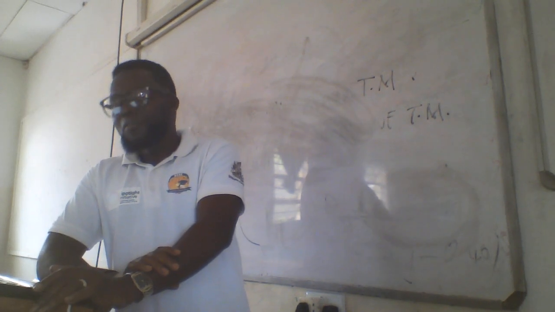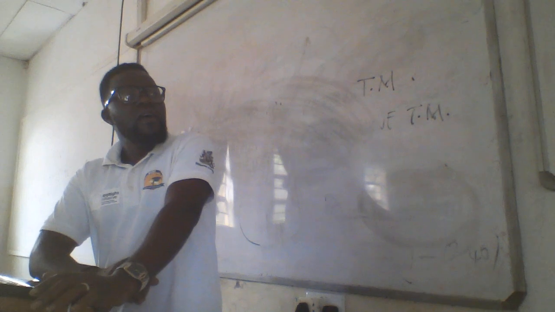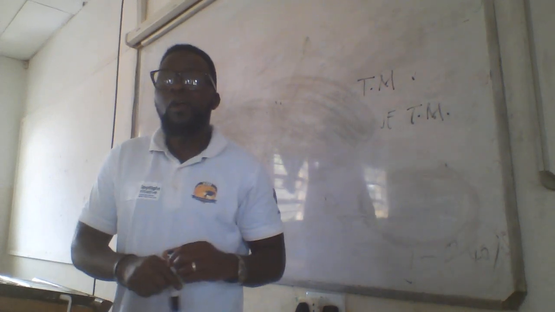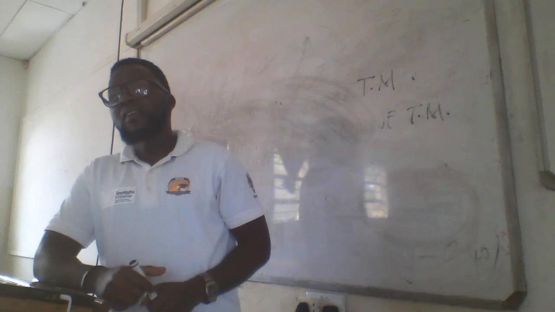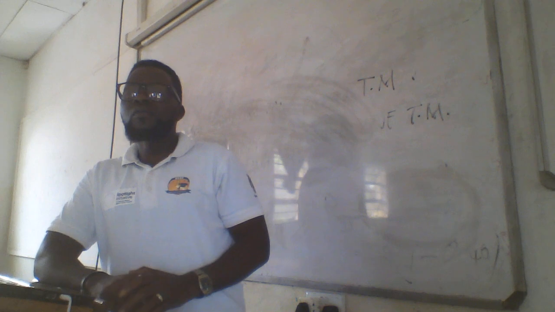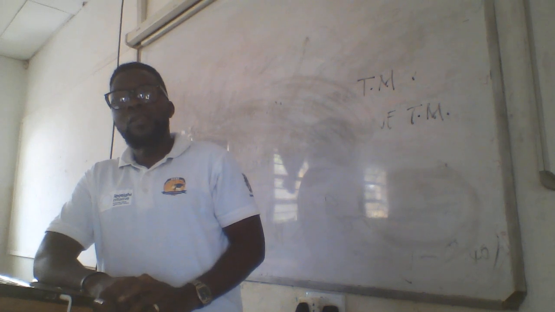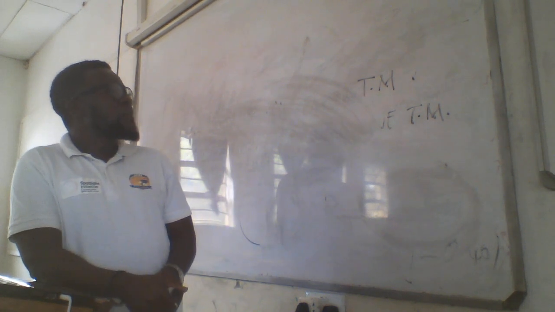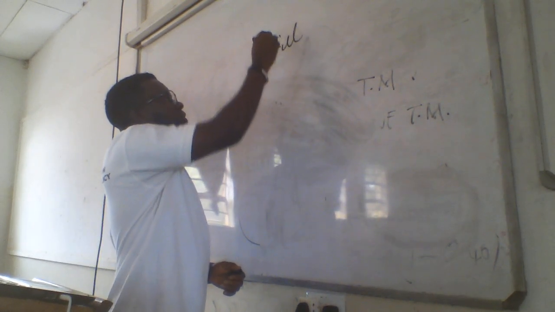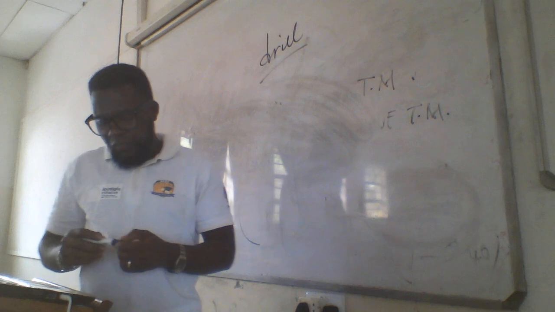All right. There are some exercises that some organizations will always undertake to ensure the effectiveness of some of those controls or measures. For example, we call this a drill.